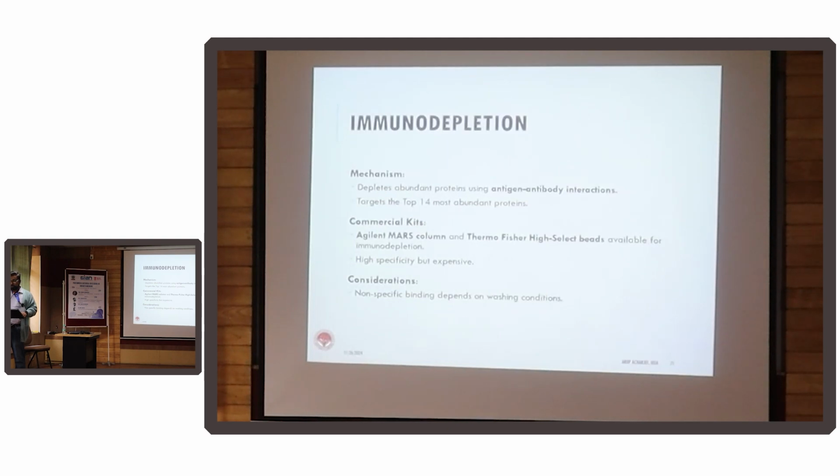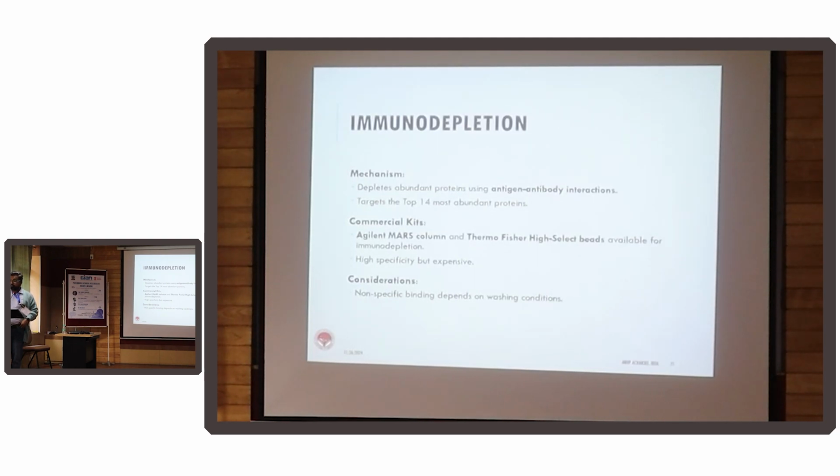How much is 14,000 multiplied by 100? 14 lakhs. Then add all the other steps. Each sample for blood plasma in India, at least in 2021-22, would cost around 35 to 40,000. That's the cost of processing one sample from plasma to the proteome chromatograph.